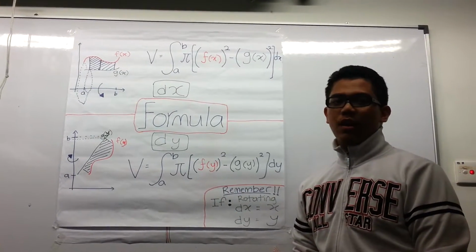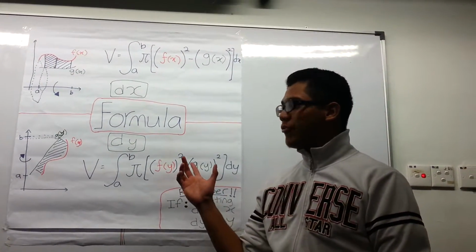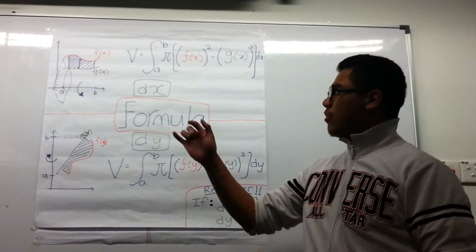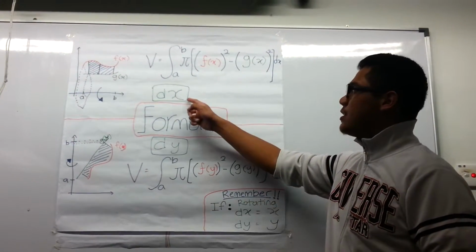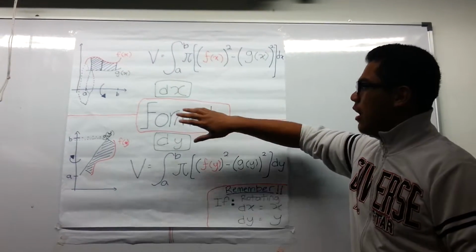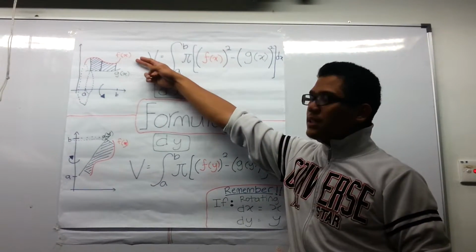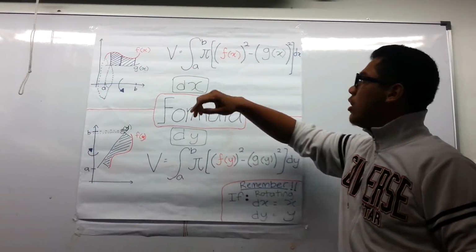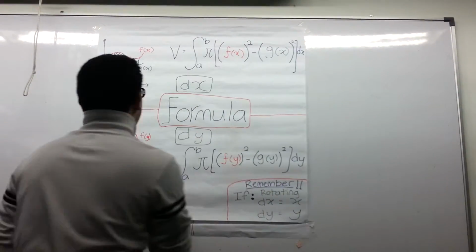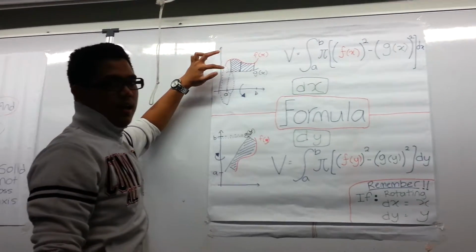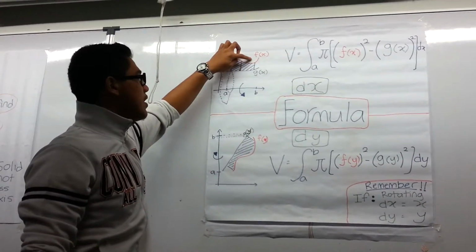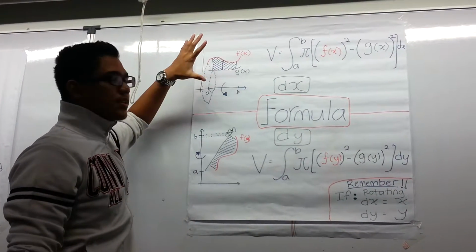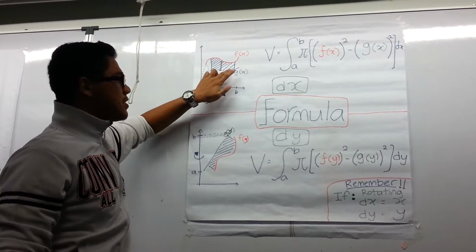Okay. Now we continue with the formula of the washer method. First, we look at dx, where the formula is outer radius minus the inner radius. Like we see from this graph, f(x) minus g(x). f(x) is the outer radius of this graph, while g(x) is the inner radius.